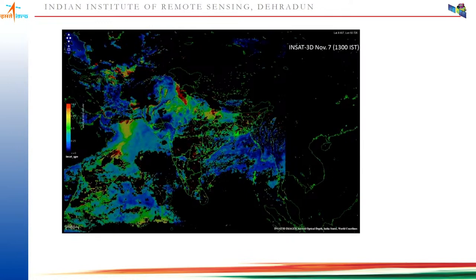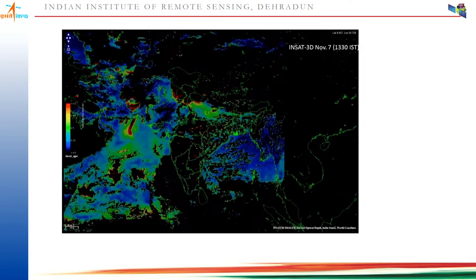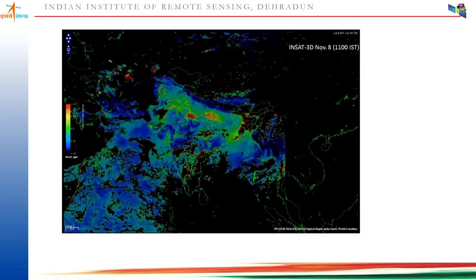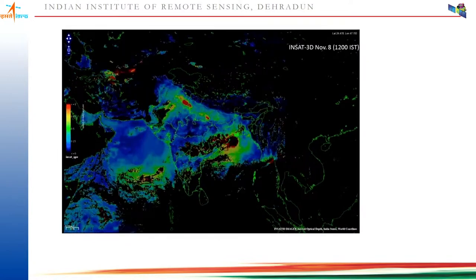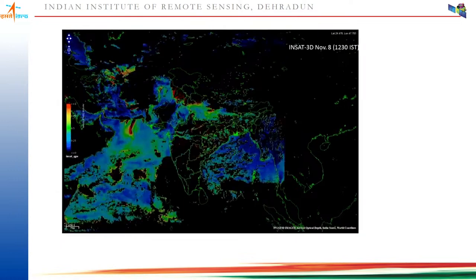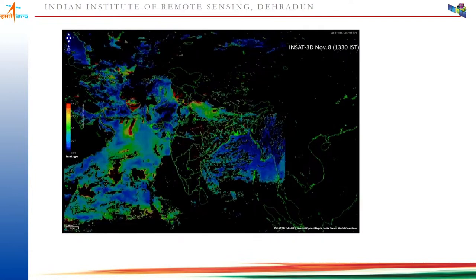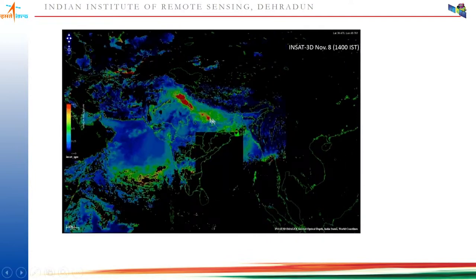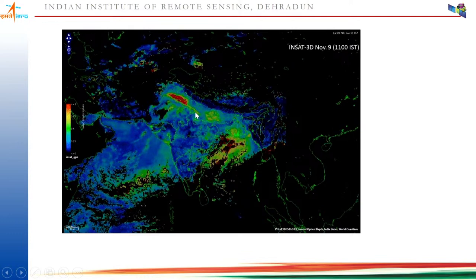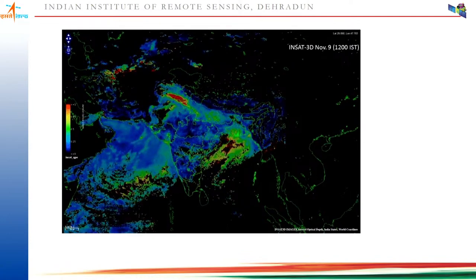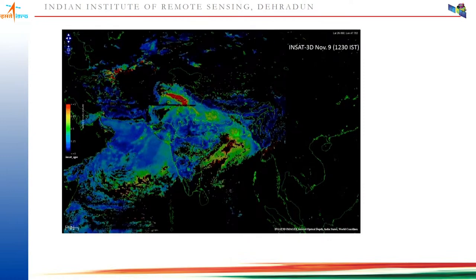For example, nowadays there are highly polluted regions in northern India. So one can monitor at a very high spatial and high temporal resolution what the concentration or the quality of the air is from the satellite. Either in terms of gases or in terms of particulate pollution, one can estimate it.